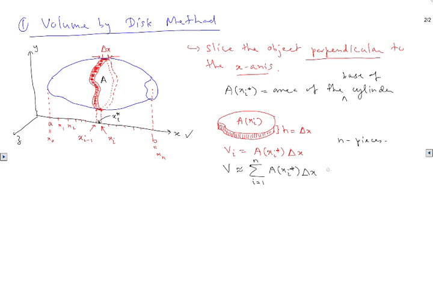You can divide into different pieces every time. That's the idea. And then if you send n to infinity, you get the volume.